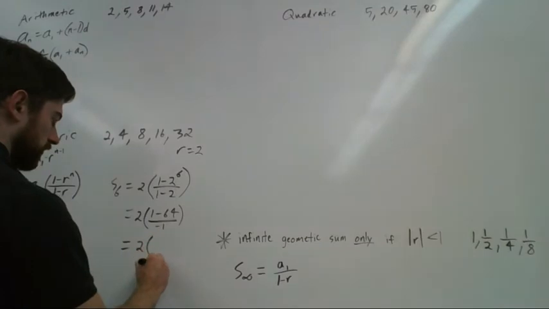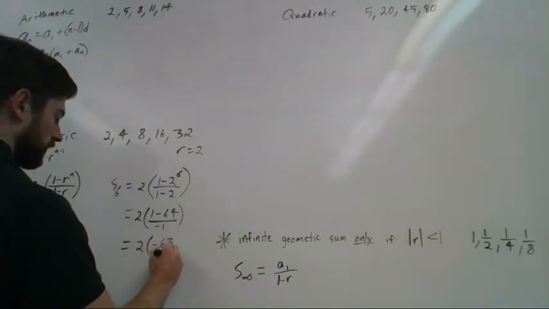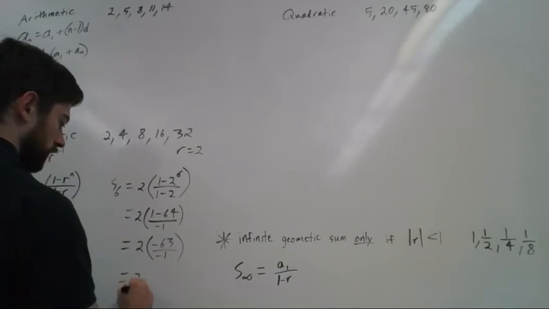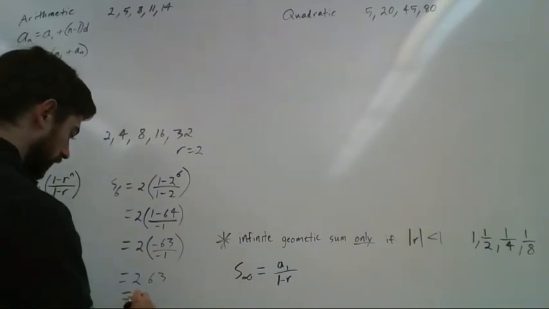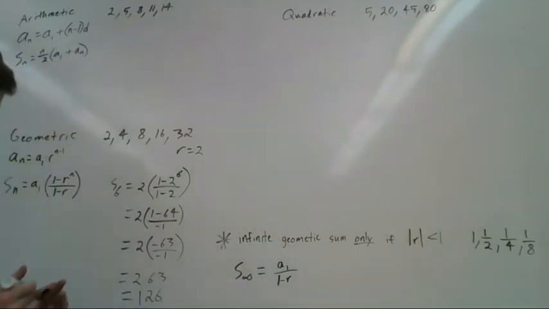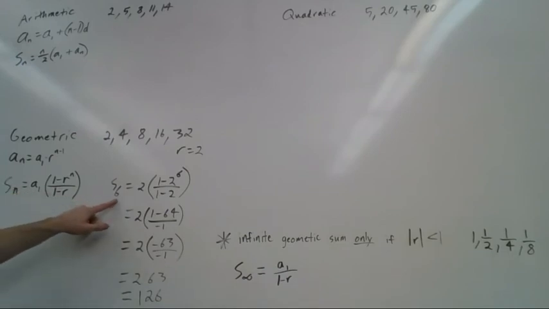That ends up being 2 times negative 63 over negative 1. 2 times 63, which will equal 126. So what we found here is the summation of the first 6 terms should equal 126.